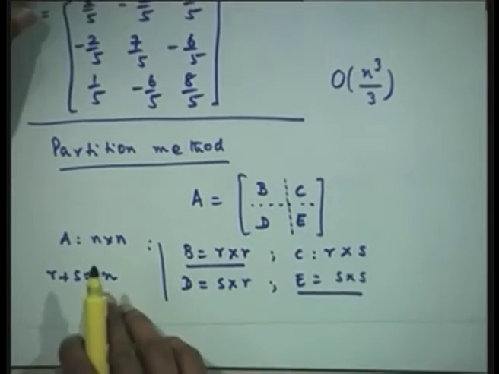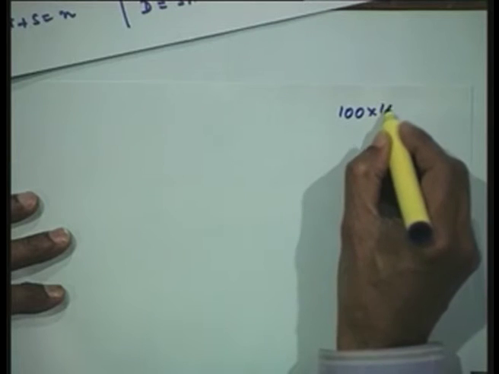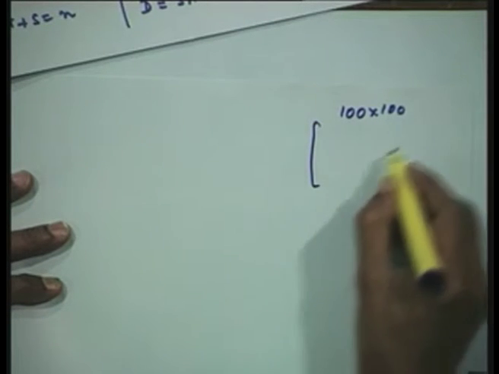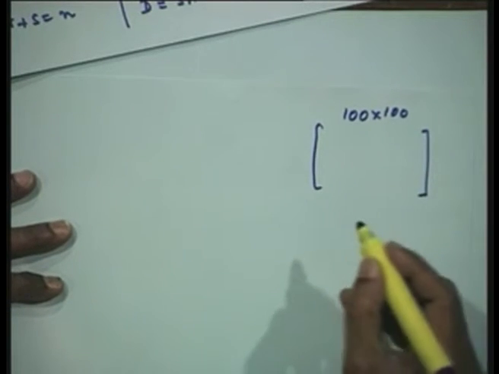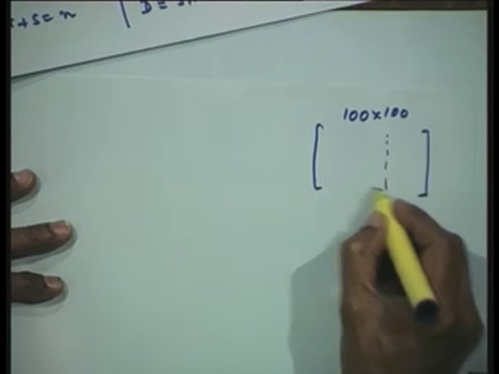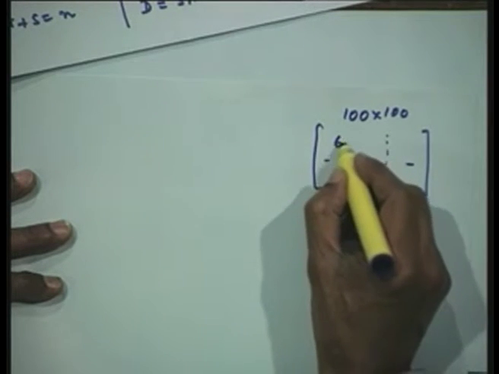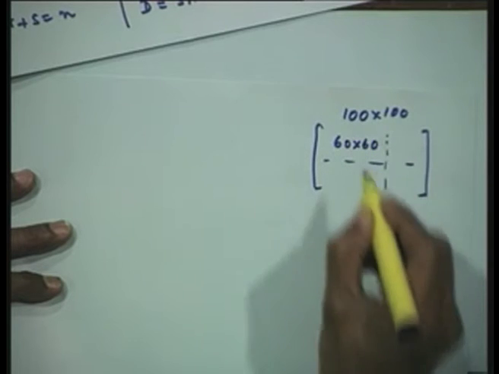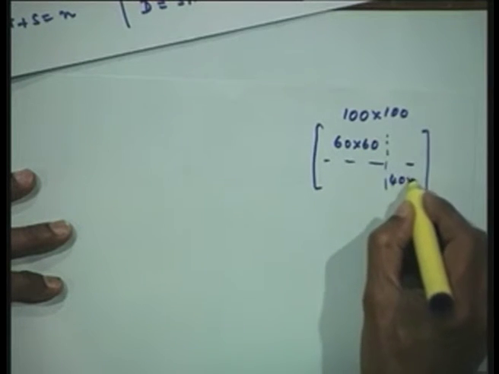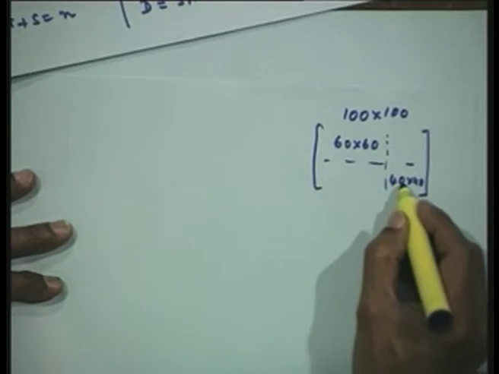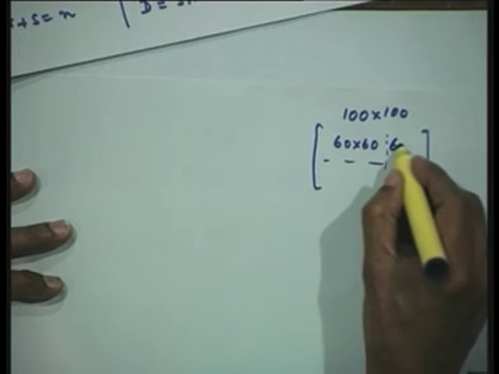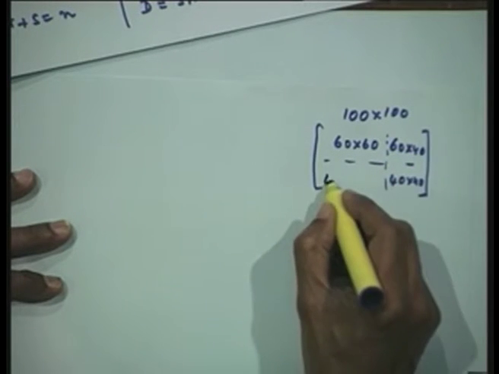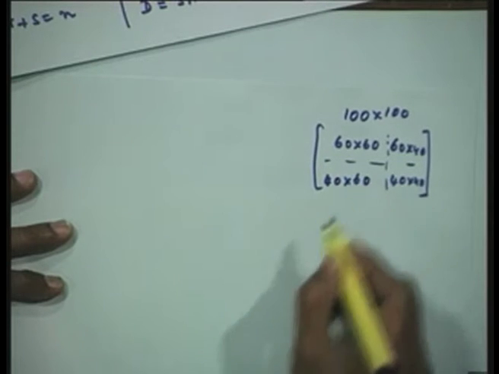Now what its application is, we are saying, suppose you have a system of 100 by 100. So I could decompose it like this: I can take 60 by 60 here and a 40 by 40 system here, the two square matrices, then this will be 60 by 40 and this will be 40 by 60.